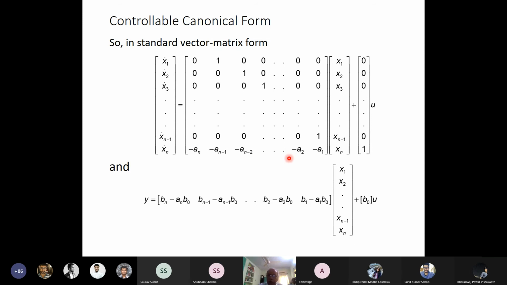These are basically the coefficients of the denominator of the transfer function. And these elements contain the coefficients of both the numerator and denominator polynomials of the transfer function. So this is basically called the controllable canonical form.